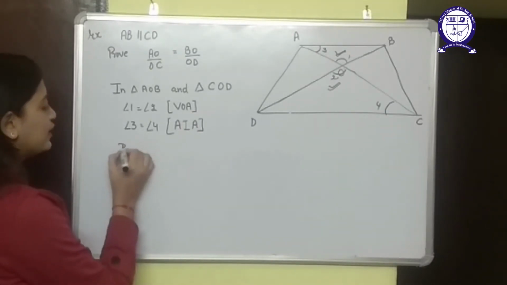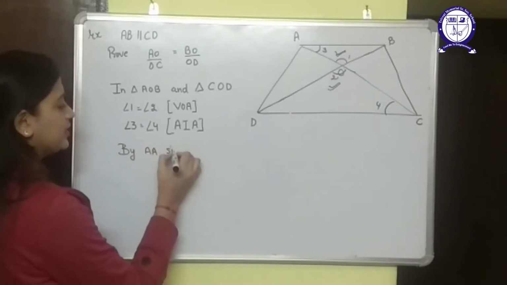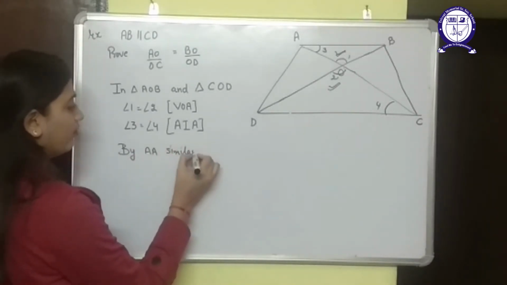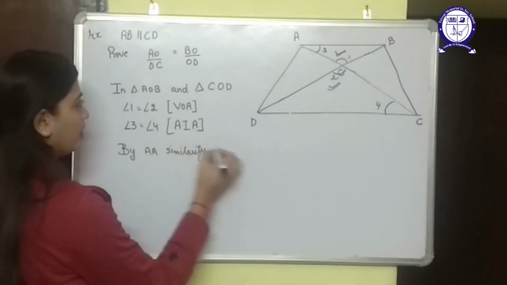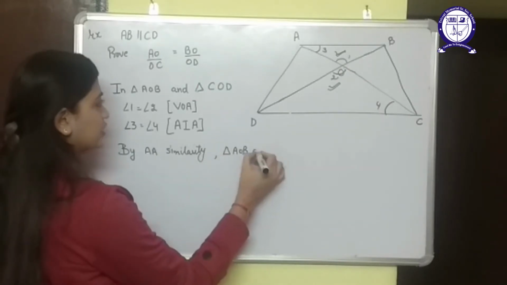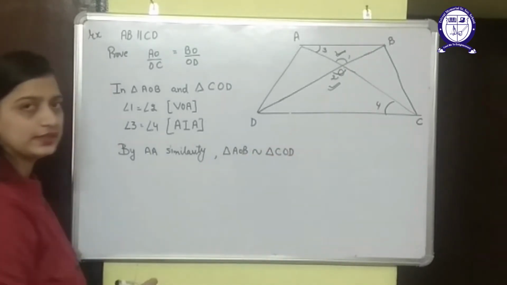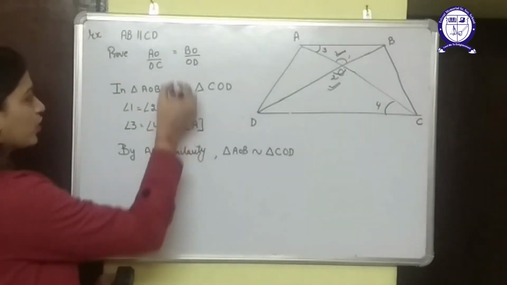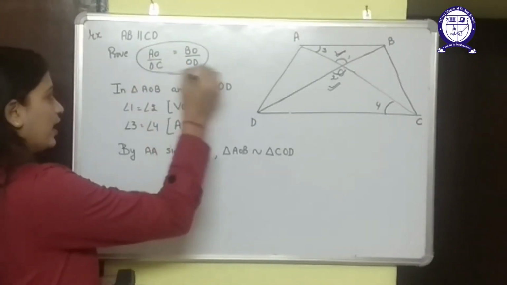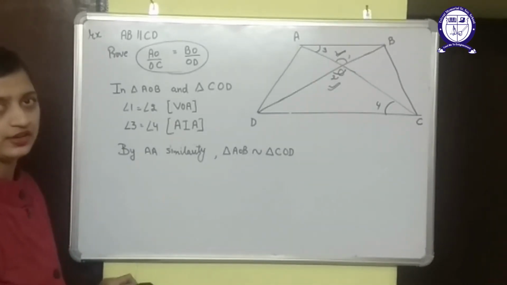Now I can write, by angle-angle similarity, triangle AOB is similar to triangle COD. Now I need to show this thing in this question, and I have already told you about the corresponding parts of similar triangles.